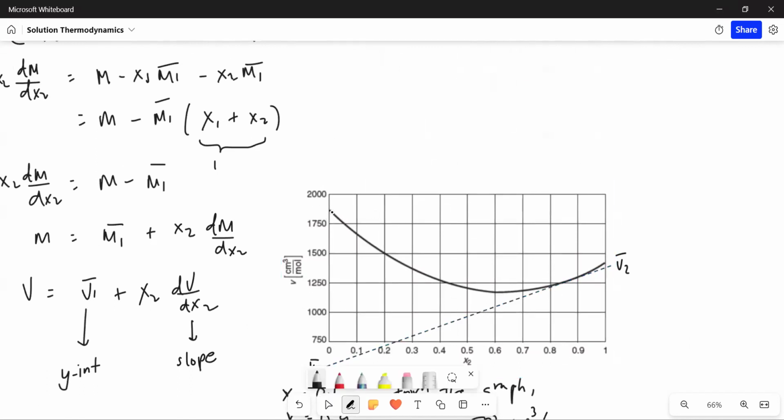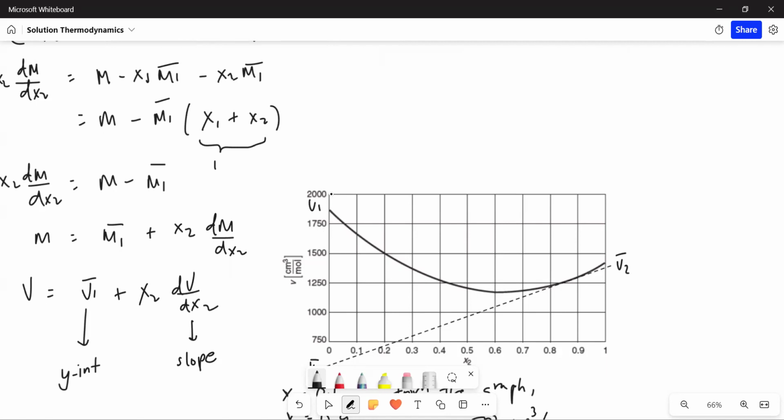Remember this line represents the volume of the solution, so naturally when x2 is 0, that means x1 is 1. At this point where x2 is 0, species 1 is pure, so the property of species 1 is equal to that of its pure species volume.